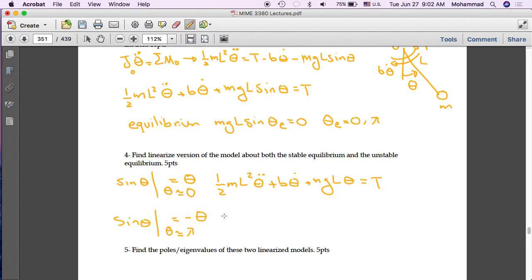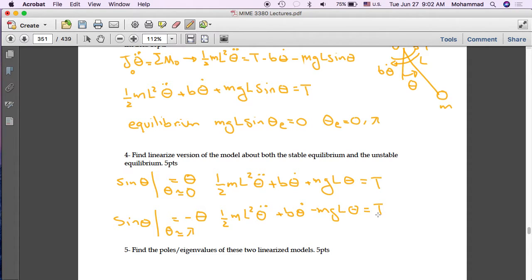And about the other equilibrium, the differential equation becomes 1/2 ml squared theta double dot plus b theta dot minus mgl theta equals t.